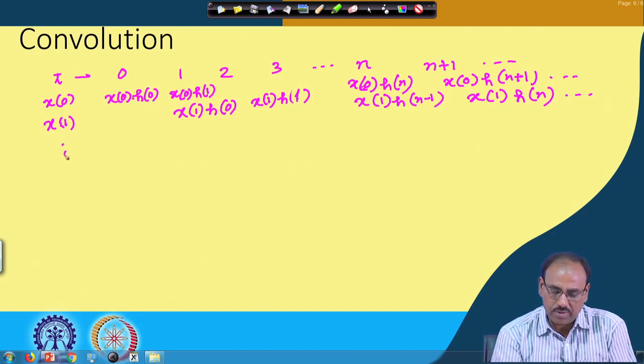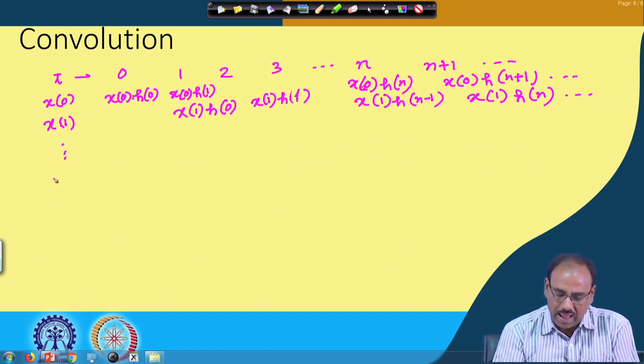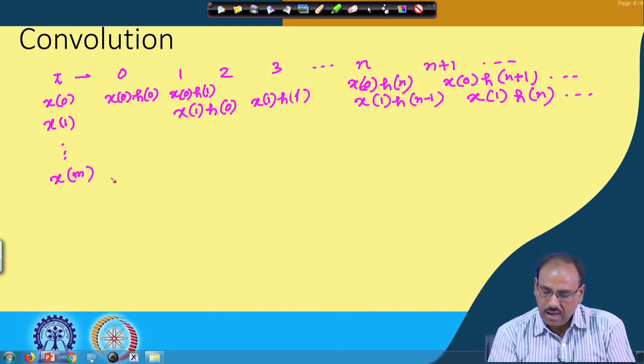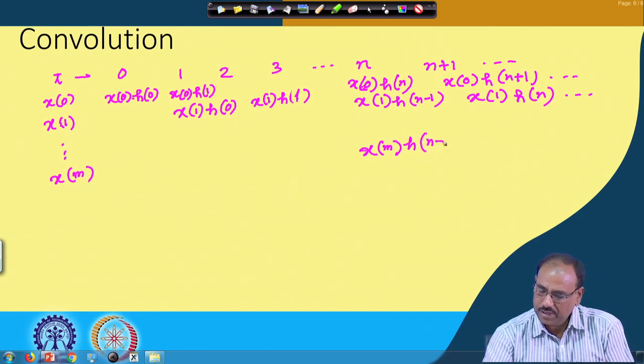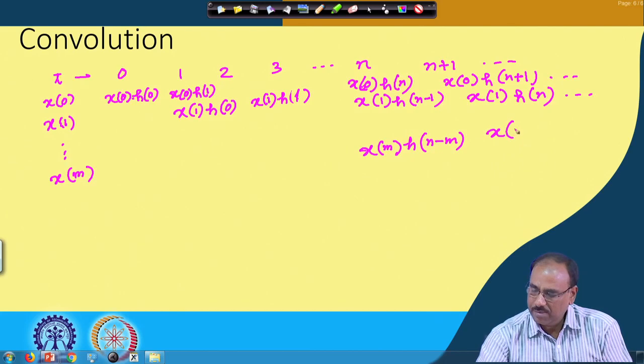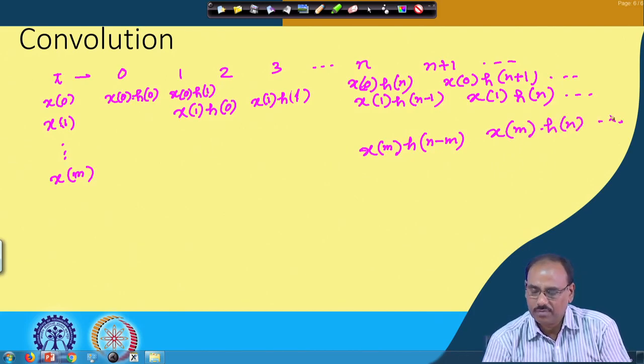So, considering this way, when I have an input sample xm at time instant m, my output will be xm into h n minus m. Here it will be xm into hn, and so on.